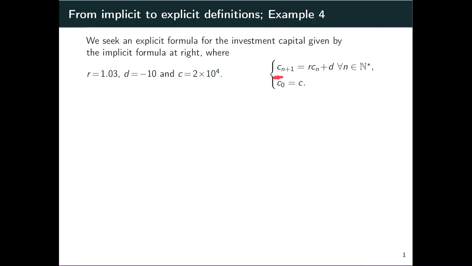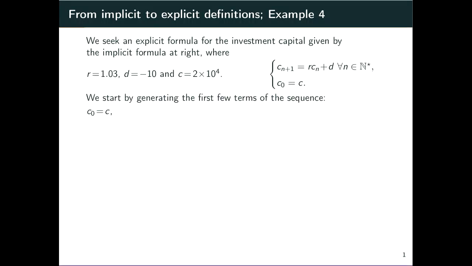So we came up with this nice recursive implicit definition. The amount of money we have at n plus 1 years is equal to the rate of return times the previous one plus the amount that you're paying, so negative $10. And then, of course, C0 is your initial amount of money.